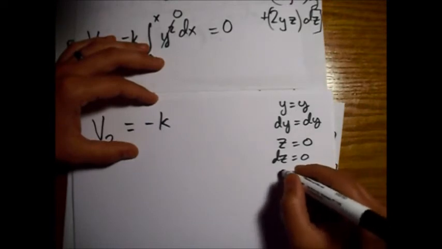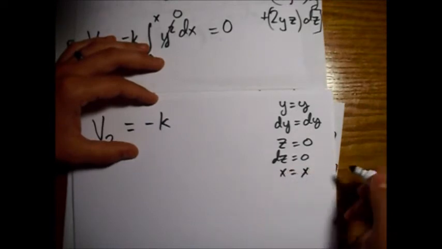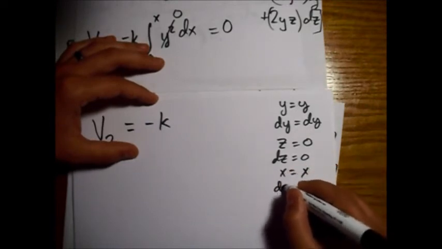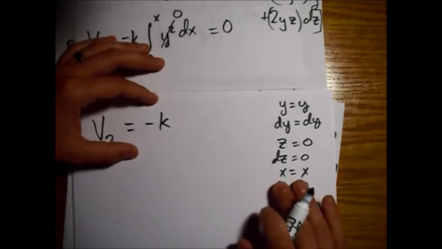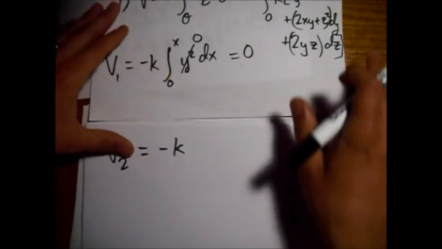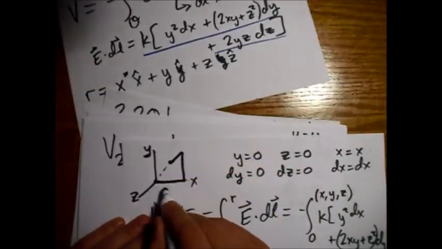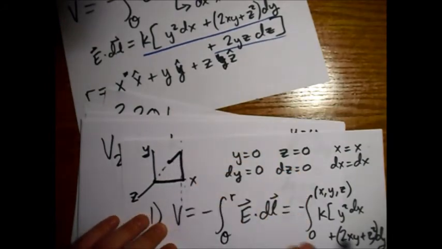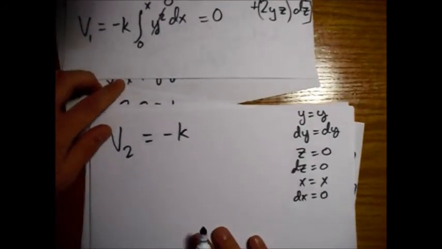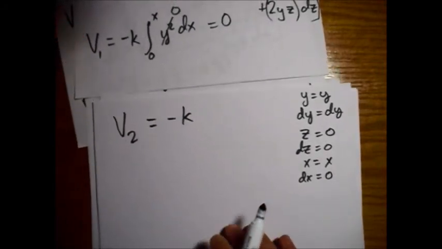But we're at x equals x, but dx is equal to 0. We're not moving in the x direction at all, but we're displaced from the origin along this line here this time. So we're at x equals x. Again, kind of confusing. Maybe it looks more natural to computer programmers.